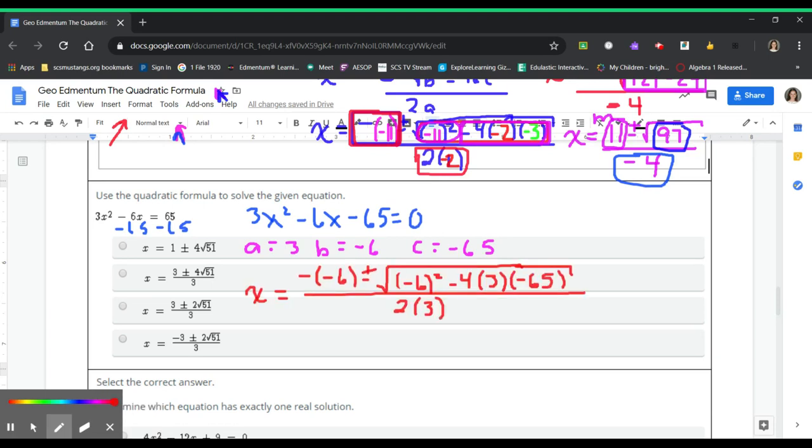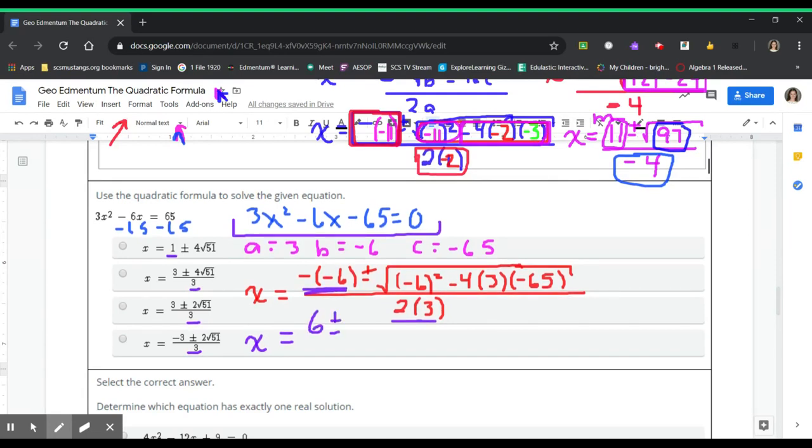Okay, so here's what I got whenever I plugged in those A, B, and C values. If we simplify, we're going to end up with 6 plus or minus the square root of -6 squared, which is 36, and then -4 times 3 times -65 is going to give us a positive 780, divided by 2 times 3, which is 6.